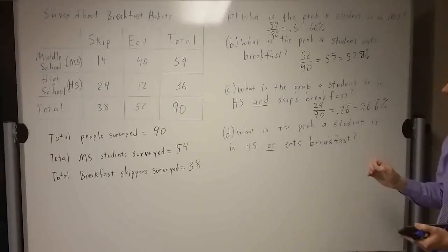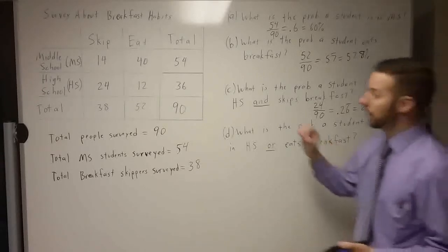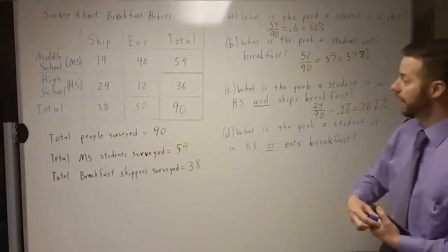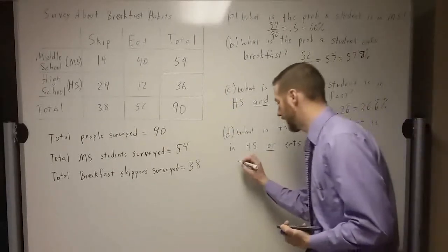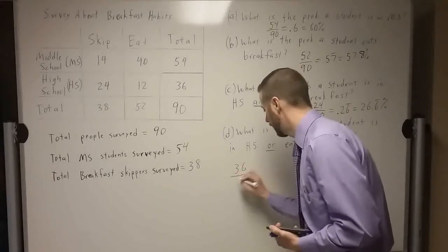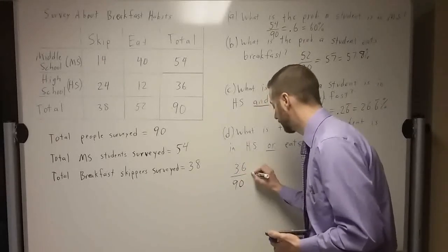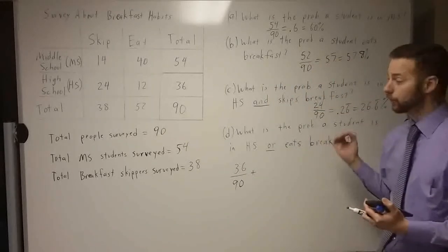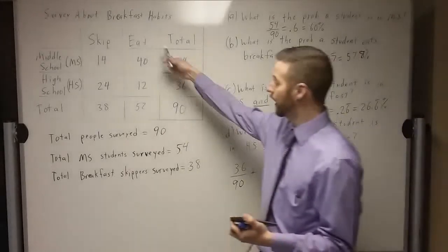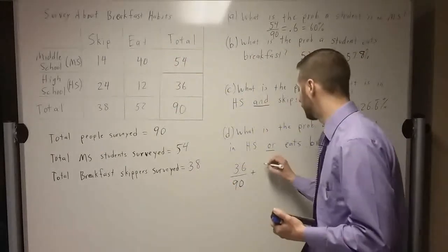All right, so high school students, we've got 36 that are desirable outcomes because they're in high school. And so that's 36 out of 90. But if you eat breakfast, that's also a desirable outcome. So eating breakfast, we've got another 52 students.